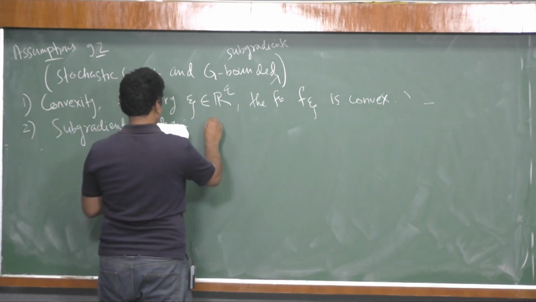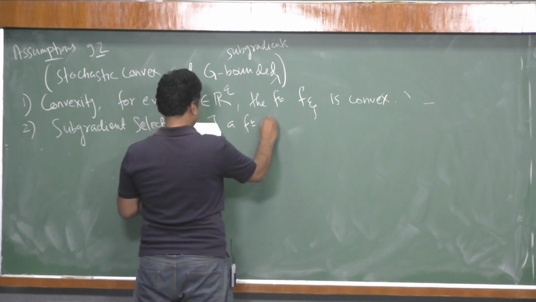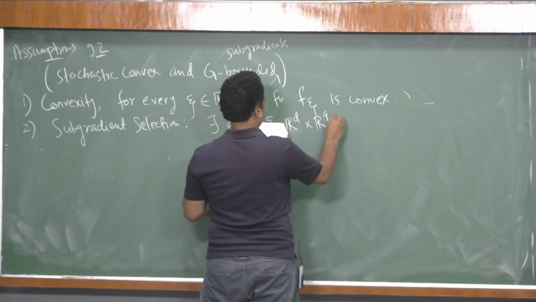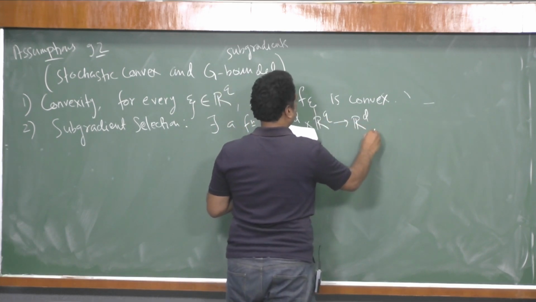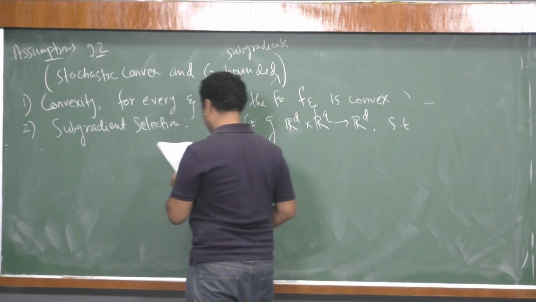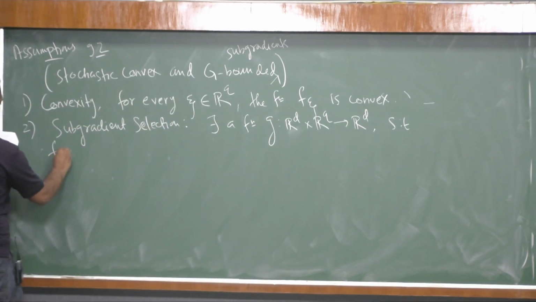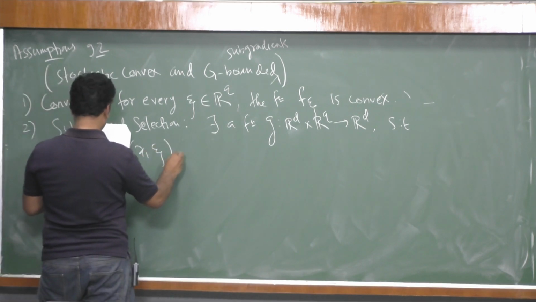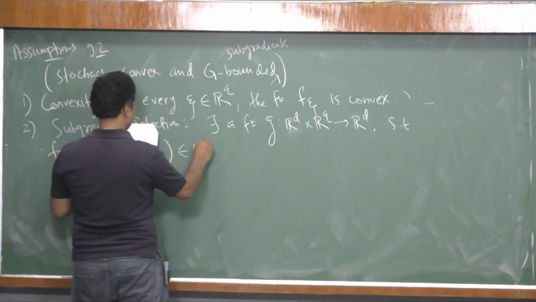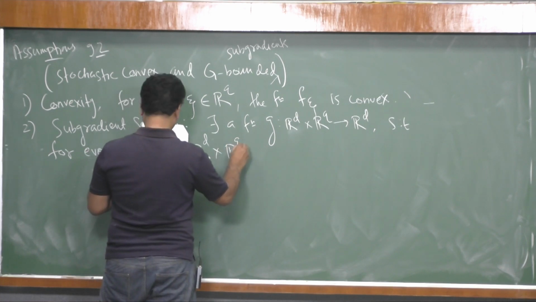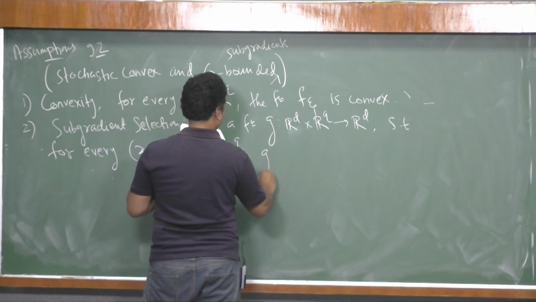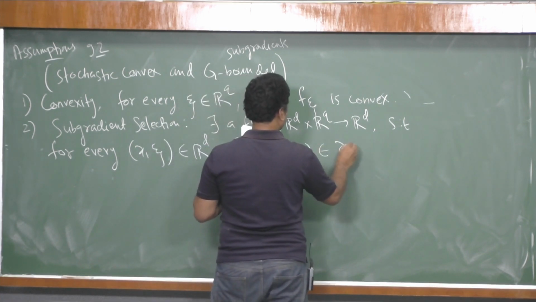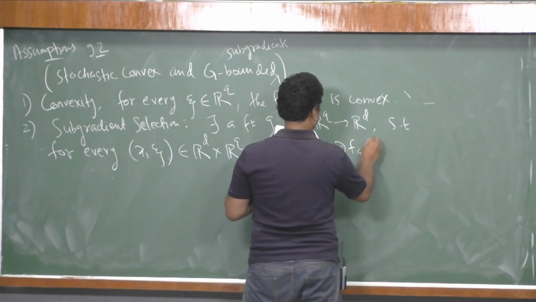This says that there exists a function g from R^d cross R^q to R^d such that for every (x, xi) in R^d cross R^q, g(x, xi) is in the subdifferential of f_xi at x.